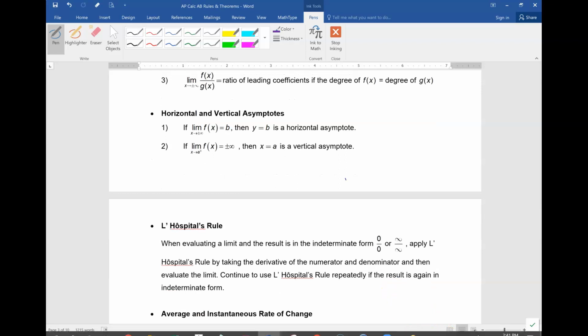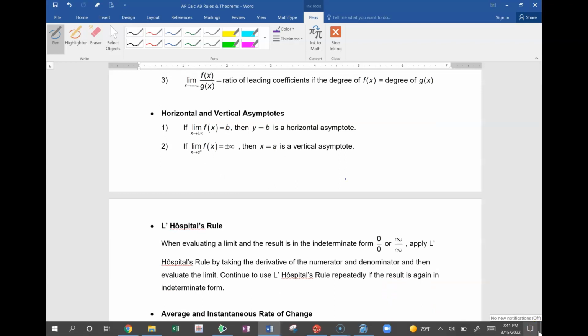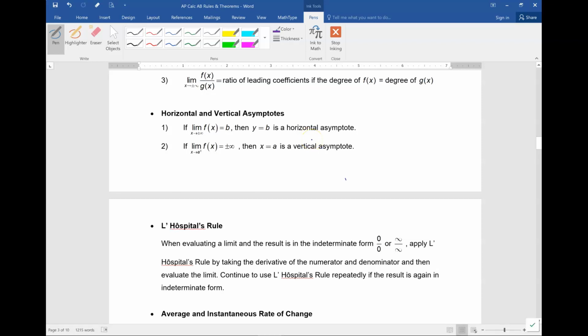I know you all know how to find a horizontal or vertical asymptote, but if the question asks you to justify why this is a horizontal or a vertical asymptote, then for a horizontal asymptote, to show y equals 3 is a horizontal asymptote, you say the limit of f of x as x approaches negative infinity is 3, and the limit of f of x as x approaches positive infinity is 3.